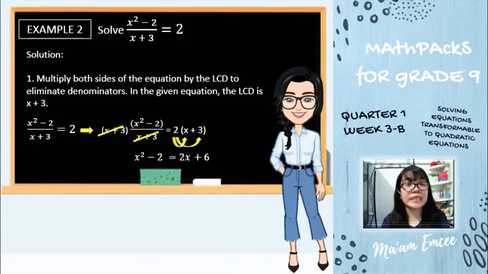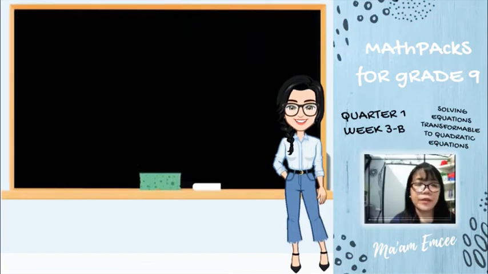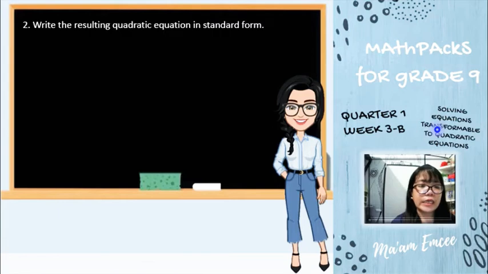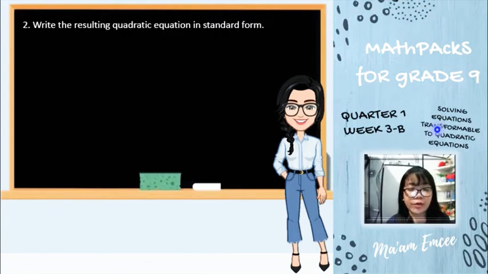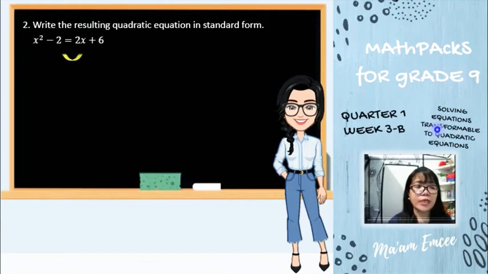But this quadratic equation is not yet in standard form. So our next step will focus on expressing this quadratic equation in standard form. So the second step again is to write the resulting quadratic equation in standard form. So we have x squared minus 2 is equal to 2x plus 6.